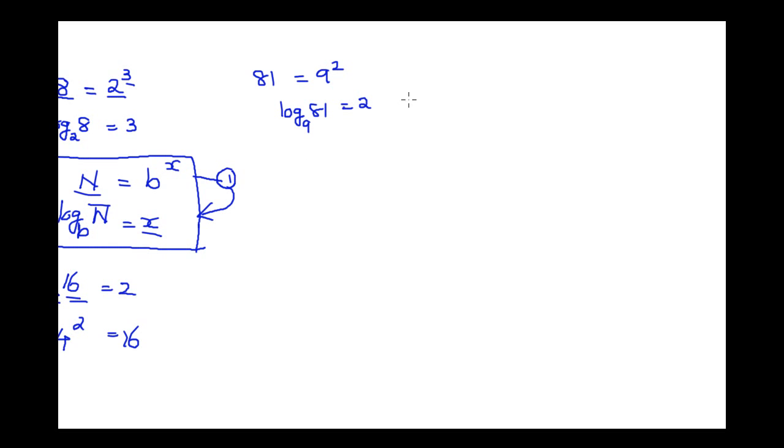Now the very same 81 can be written in another way. 81 is equal to 9 into 9, which equals 3 into 3 into 3 into 3, which equals 3 power 4.